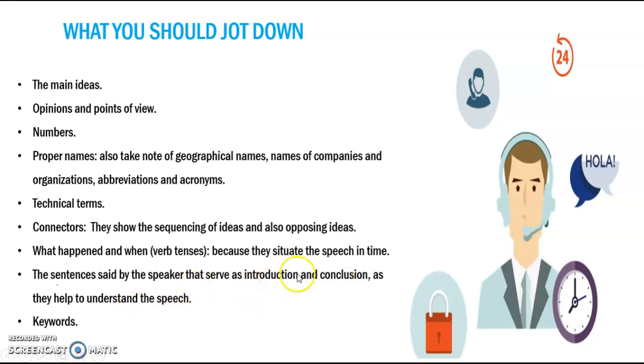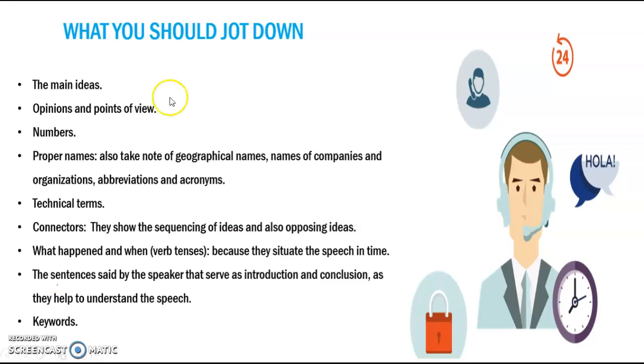And also, you can take notes of some introduction and conclusion phrases and some other keywords that you consider important. And pay attention, you don't have to write down entire sentences or phrases. You are only going to take notes of those things that are important, just keywords, okay?